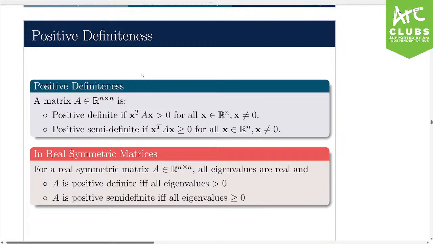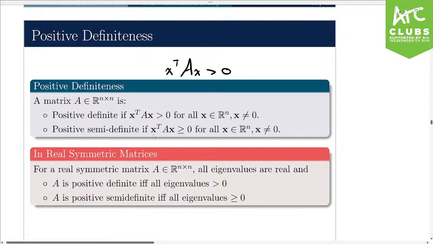Positive definiteness. This is a property of matrices, and a matrix is positive definite if for any non-zero x, x transpose Ax is larger than 0.